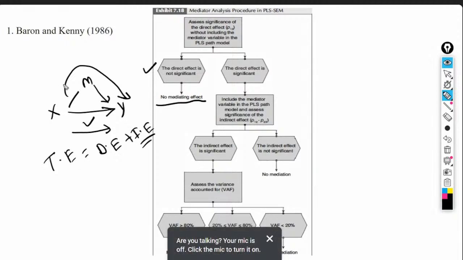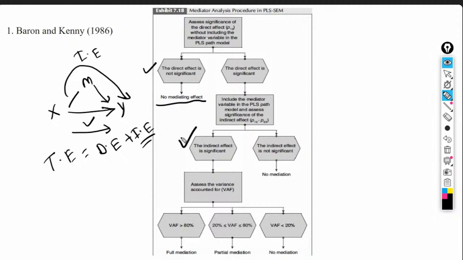Then this indirect effect should be significant. If it is not significant, it means there is no mediation. So after checking the direct effect, we should check whether the indirect effect is significant or not. If it is significant, then okay. If it is not significant, it means there is no mediation. If the indirect effect is significant, then what would the mediation be?